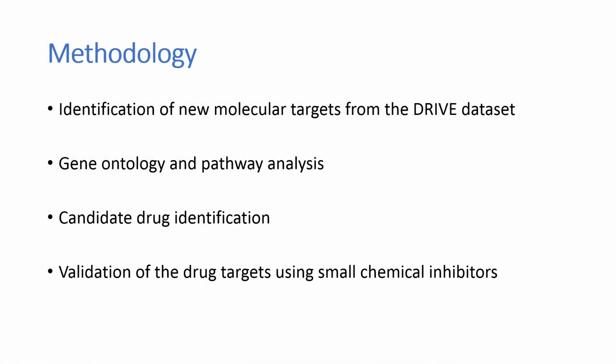To achieve these objectives, we will first identify the new molecular targets from the DRIVE dataset that are required for pancreatic cancer cell survival. We will download the raw data from the Project DRIVE database, which consists of more than 70 million data points and is publicly available, and process it through RStudio and DEMETER software.